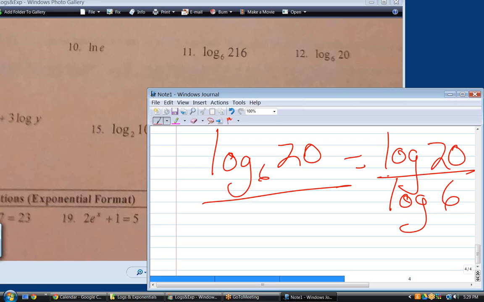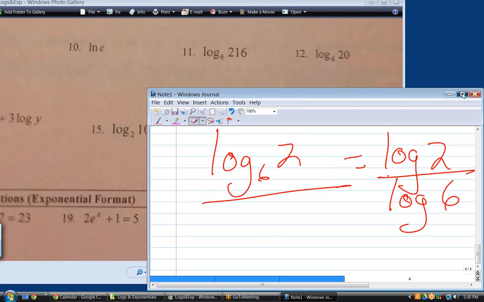Or like I like to think of it, it's the log of the big number divided by the log of the small number. And I don't mean 20 is larger than 6. I mean that's a bigger size number. In other words, I could make that 2. And now it's the log of 2 divided by the log of 6. You know what I'm saying?